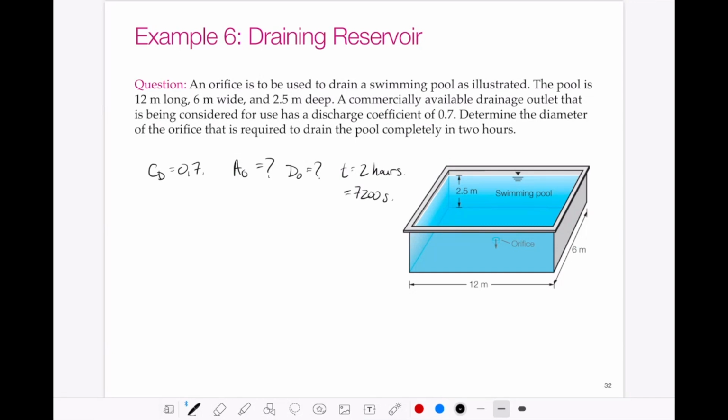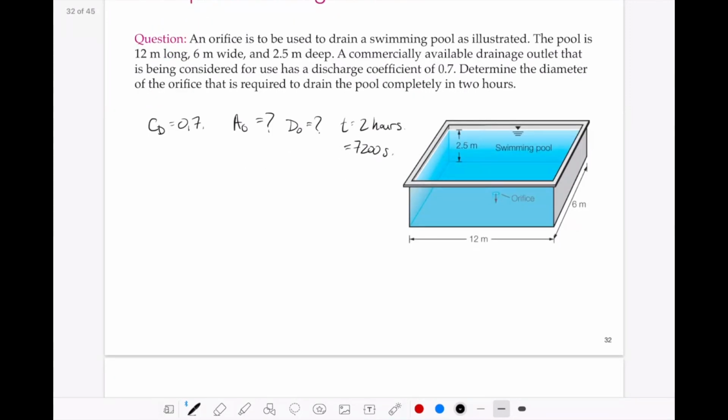So if we look at our pool system, let's just redraw it from the side. We have our hole in the bottom of the pool. We have our fluid leaving. Let's measure this distance as the height of our pool, or the current height of the fluid in the pool.